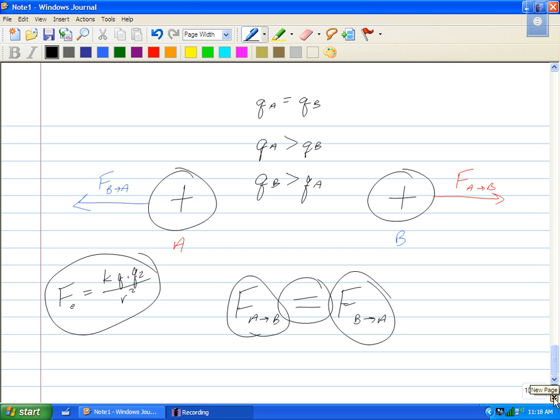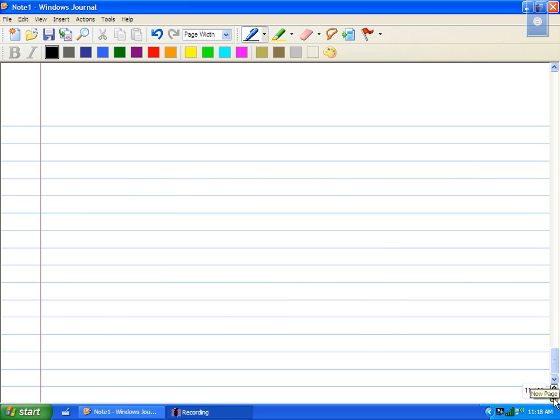Now, last time we talked about the connection between Coulomb's law and Newton's law of universal gravitation. And so let's just belabor the point just a little bit more. Here's an example: there's Earth, and there's me. Yes, I'm very large. I don't go flying off of Earth because of gravity.